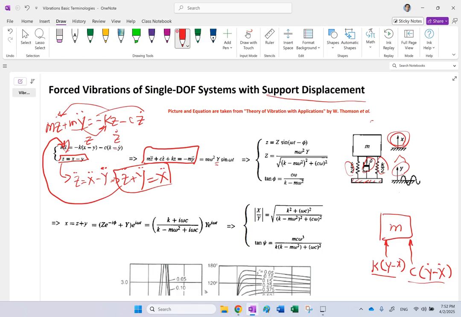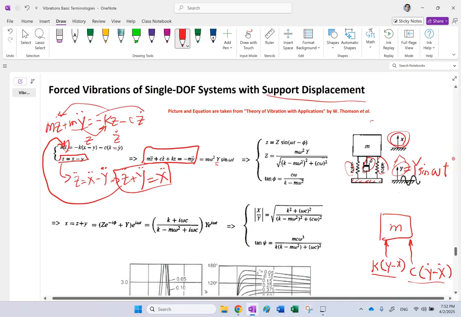Now the y here, this y motion, is given as basically capital Y times sine omega t. So although there is support displacement and it's under your control, here to match the previous formulation for external force that was harmonic, we also assume here that the support displacement is also harmonic.